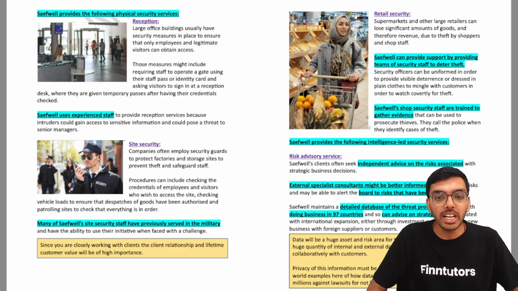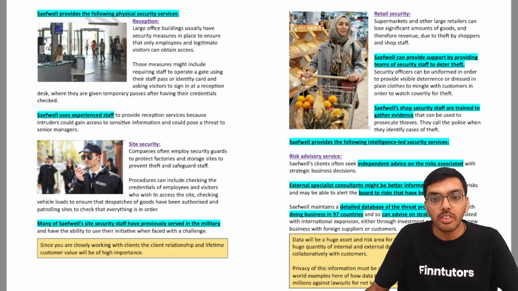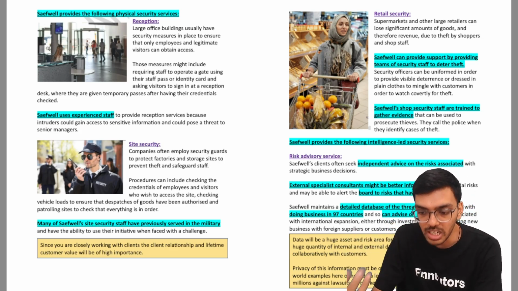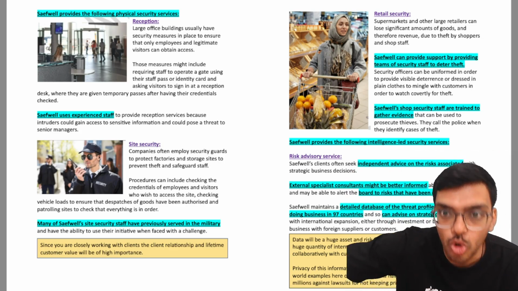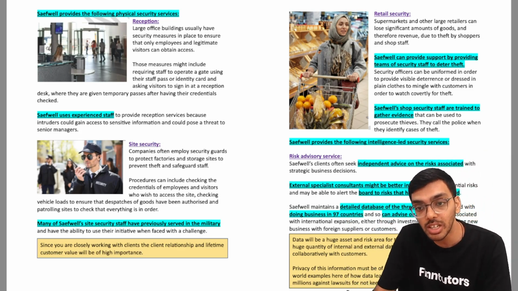So Saefwell maintains a detailed database of the threat profiles associated with doing business in 97 countries. Major advantage for us is we do business in so many countries, so we know the risk, we know the profiles of that particular country.